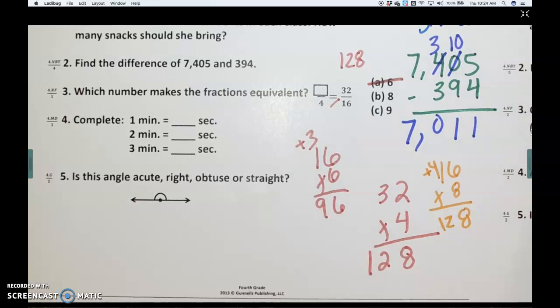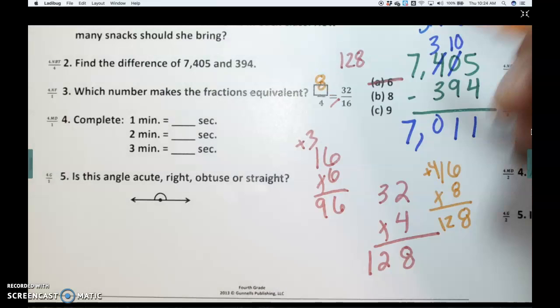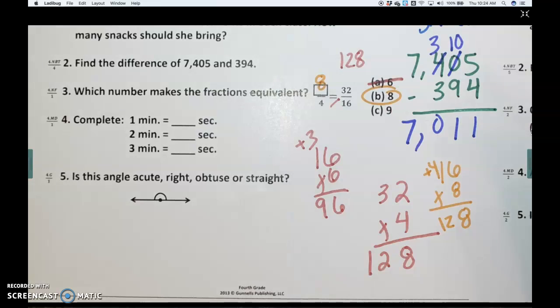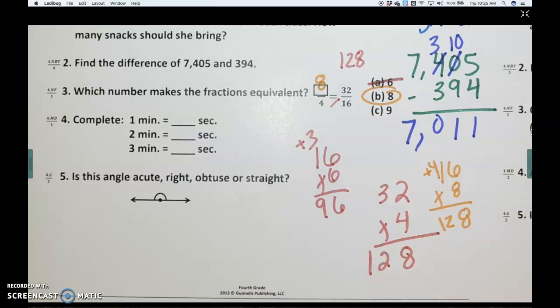So your missing answer over here is the number 8, which is B. If you check it with 9 times 6, so that would be, and that's why, guys, you've got to know your multiplication tables. That would be 54. And we already know the 4 and the 8 are not the same, so that's how you know that the 9 wouldn't work.